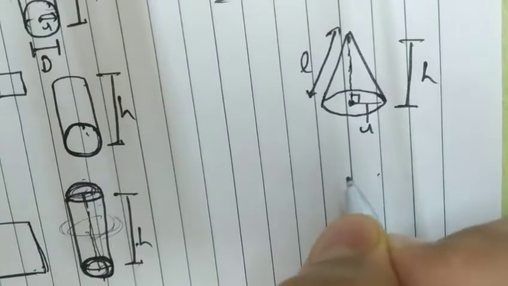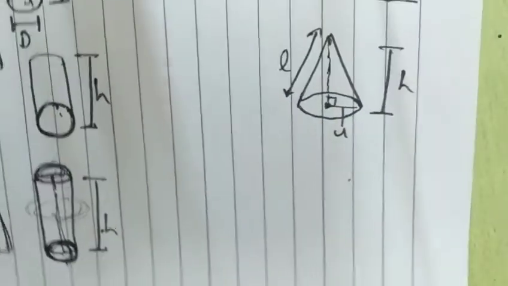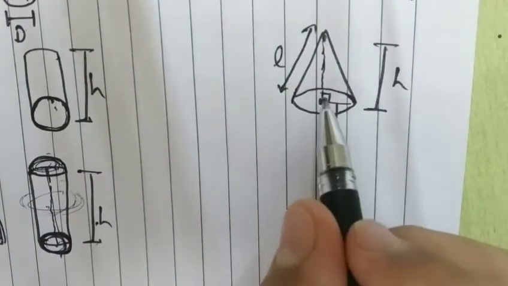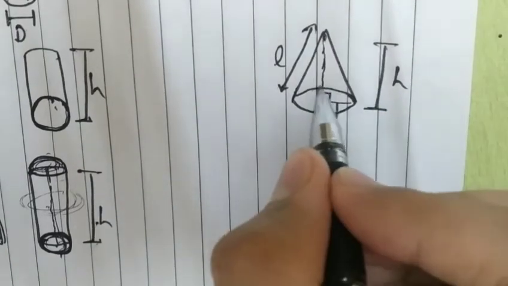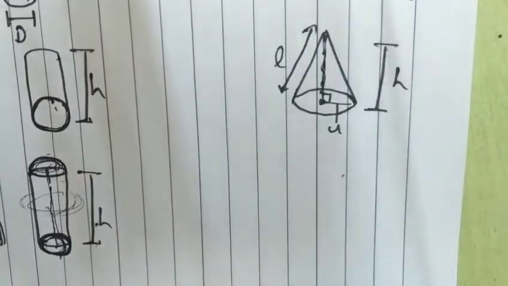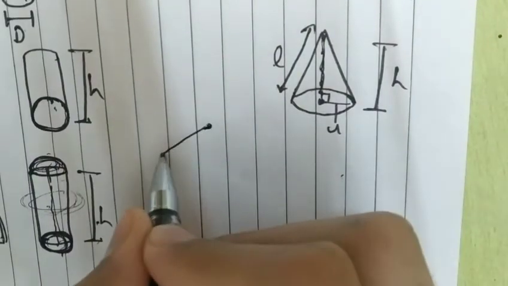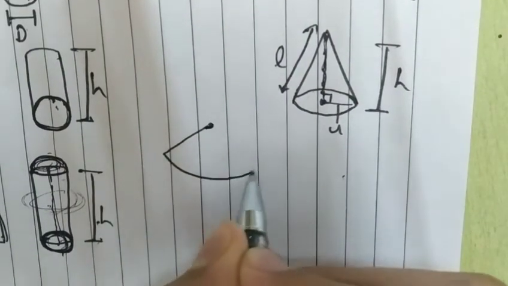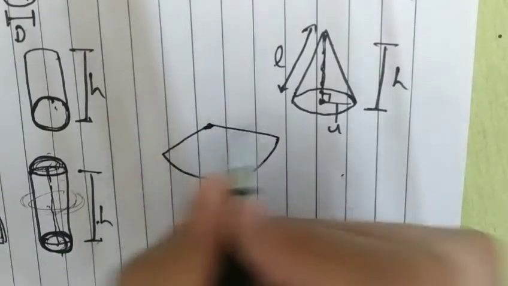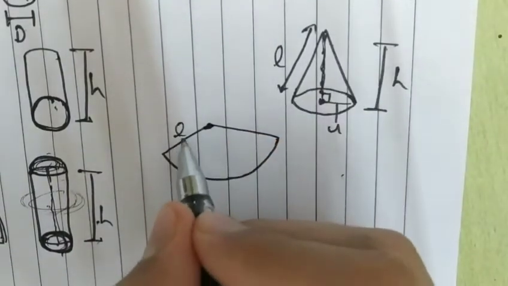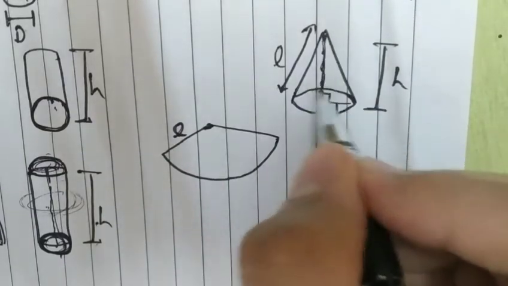So if we want to take out the surface area of this cone, how will we take? If I cut it from here, this side, it will look like this. And this is the lateral surface of this, L.